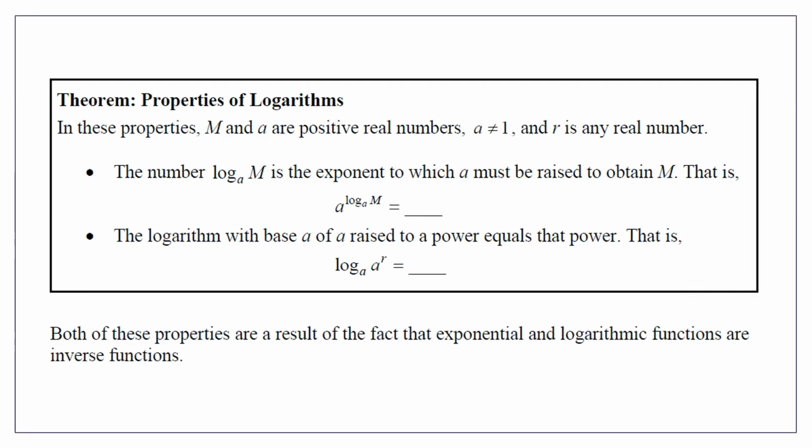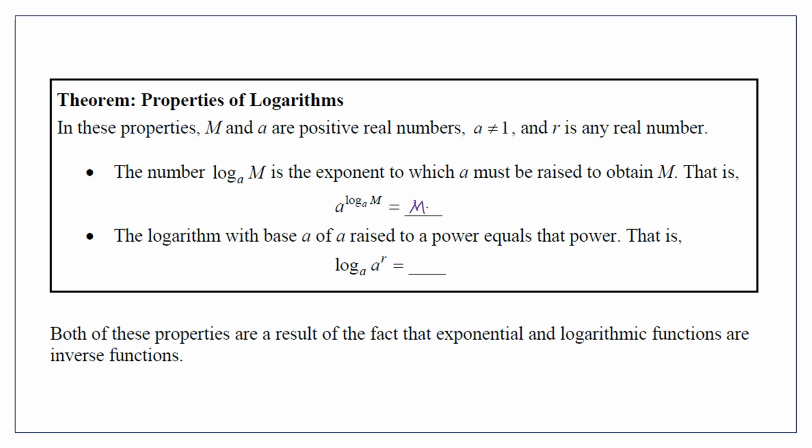In these properties, m and a are positive real numbers, where a does not equal 1, and r is any real number. The number log base a of m is the exponent to which a must be raised to obtain m. That is, a to the power log base a of m equals m.